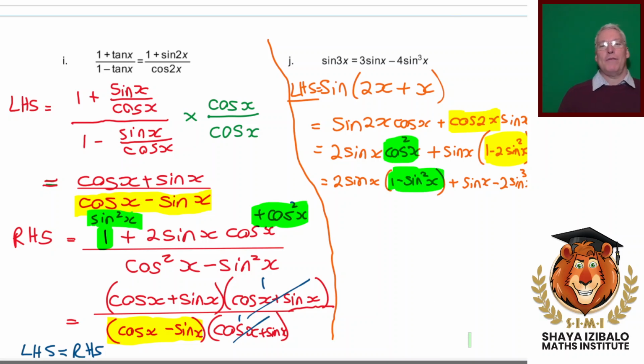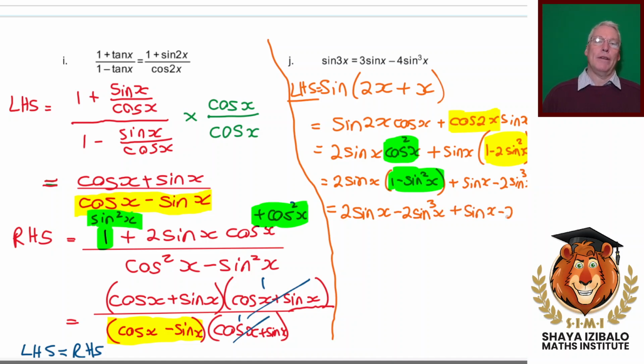Now if we look at what we've got here, everything's just got sines in it, and from here it's just algebra. When you multiply 2 sin x by 1, you get 2 sin x. Then we get a minus 2 sine cubed x. We've got a plus sin x.